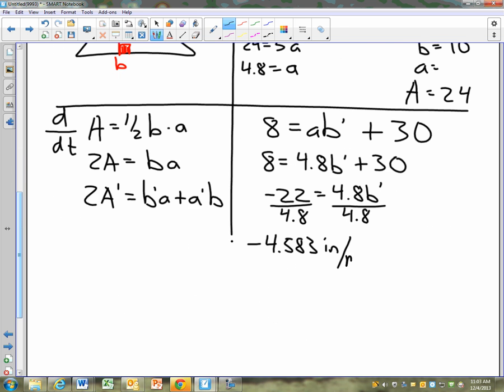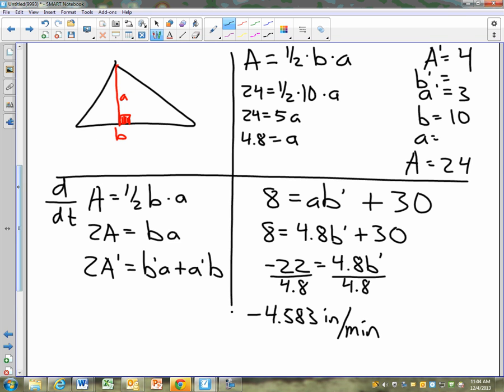Inches per minute. Now, what do you notice about that rate? Negative. What does that mean? What's getting smaller? This is kind of interesting. The altitude is getting bigger, and the area is getting bigger.